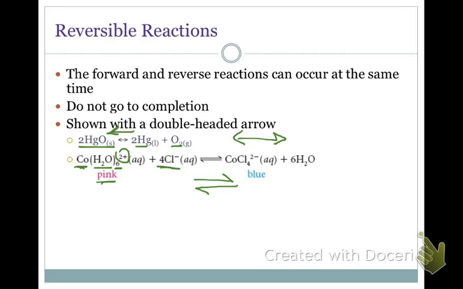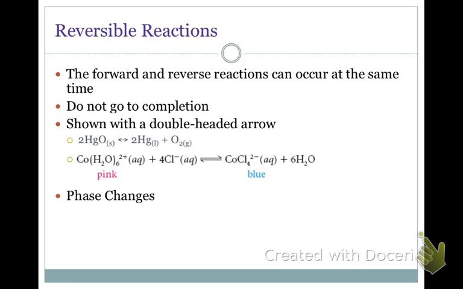When we add chloride ions to it, it can form tetrachlorocobalt ion, which is a blue solution, and some water. It's a reversible reaction, so if we take that blue solution and add water to it and go in the reverse direction, we end up forming chloride ions and that cobalt hexaaqua ion again. So that blue solution will end up turning pink.